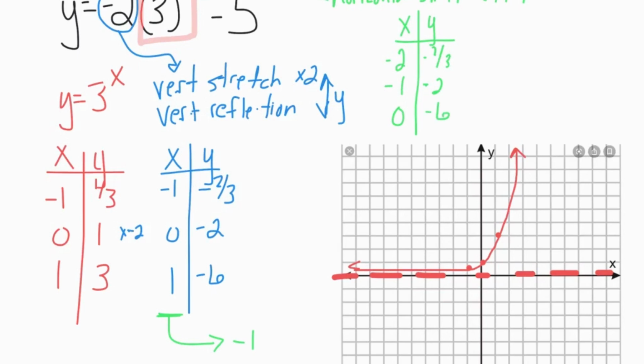And the last one is going to be a vertical shift down 5.